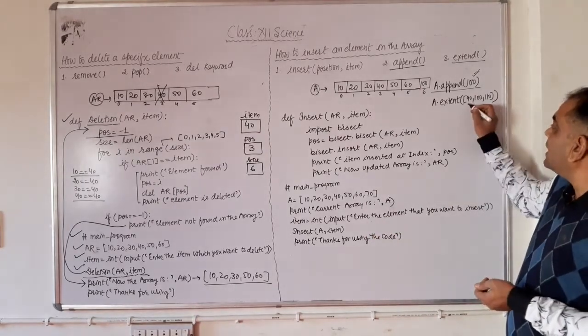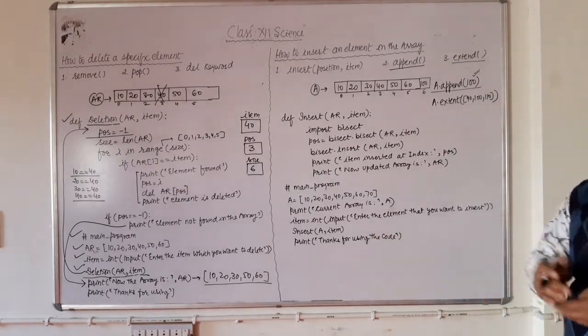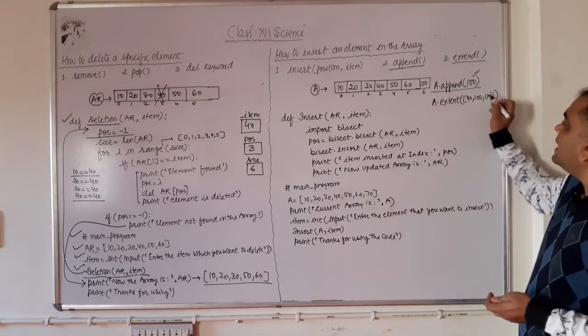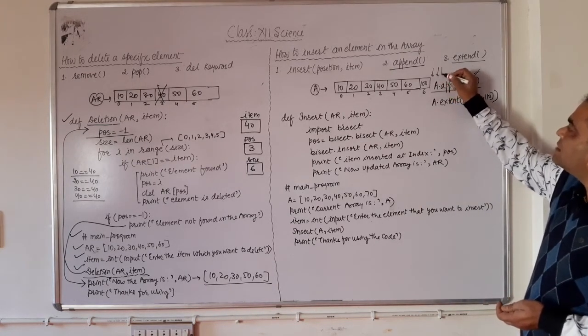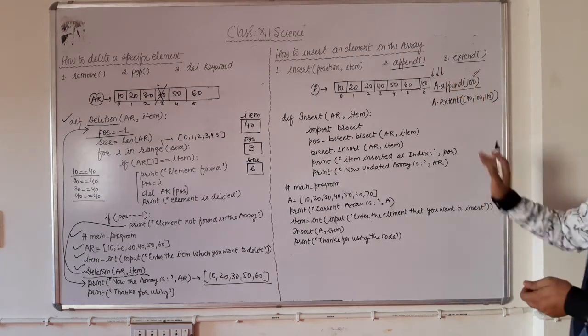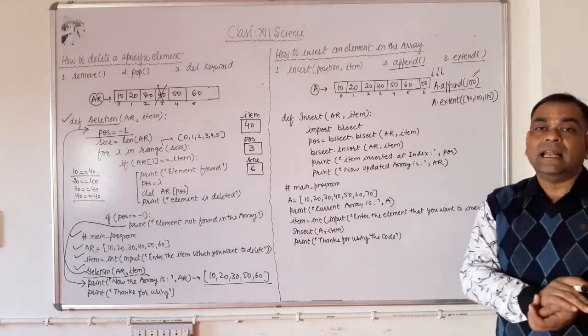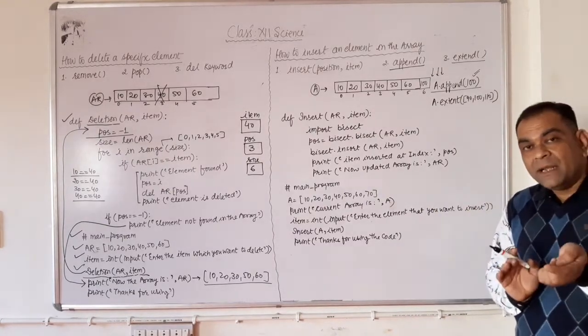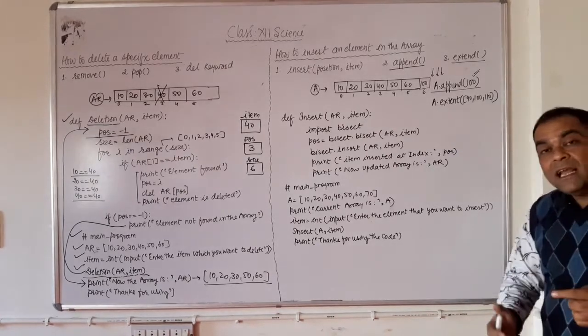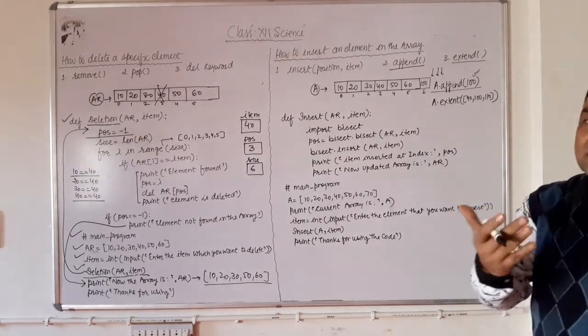Here I supply multiple elements as a list: 90, 100, 110. What will happen? These three elements will be inserted just after the last element of the array. Here extend function also inserts the element at the end. Append means it will insert a single element. Extend means it will insert multiple elements inside the array.